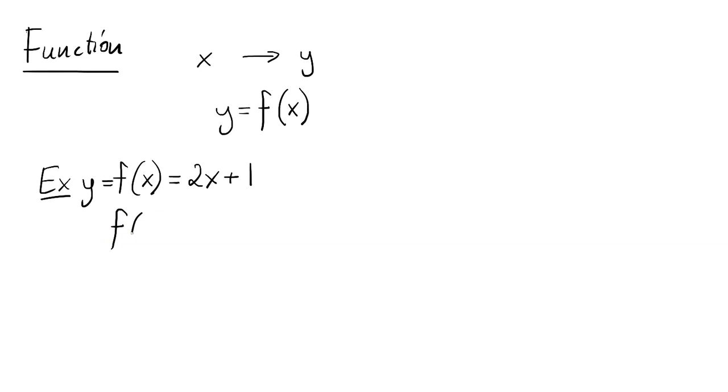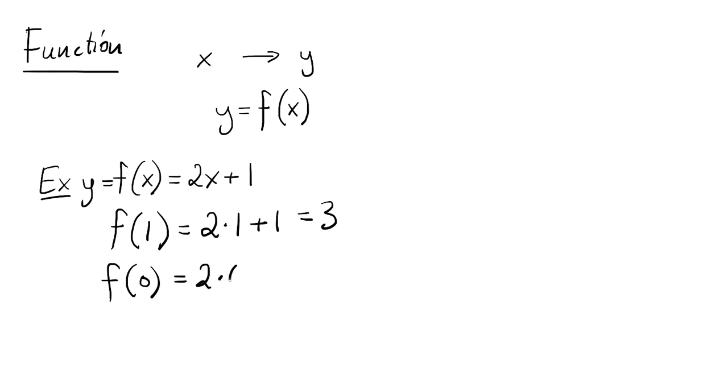So for example, if you plug in 1, you will get out 2 times 1 plus 1. And this is 2 plus 1, 3. Or if you plug in 0, 2 times 0 plus 1, that is 1. So you can plug in any number you like here.